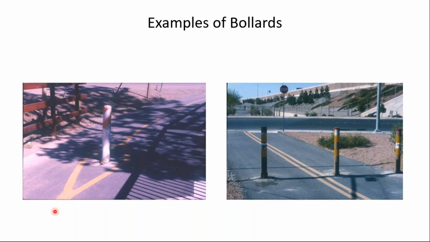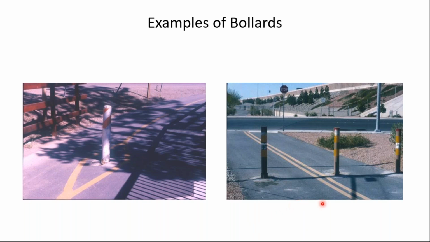And notice they use the pattern in the MUTCD. Notice how the center line goes around that bollard, and the bollard appears to be in the center of the trail or the path.